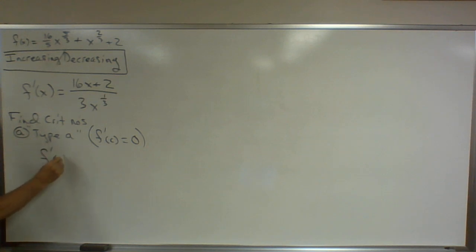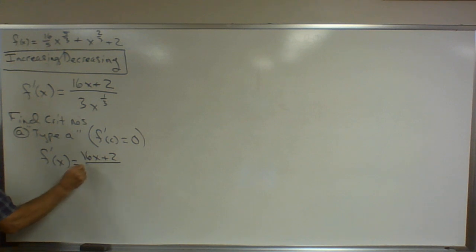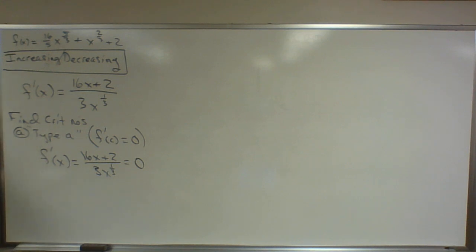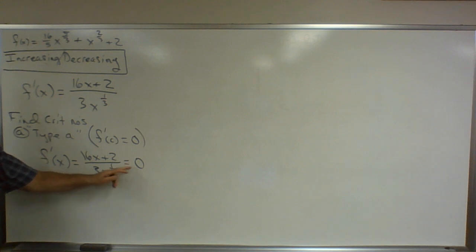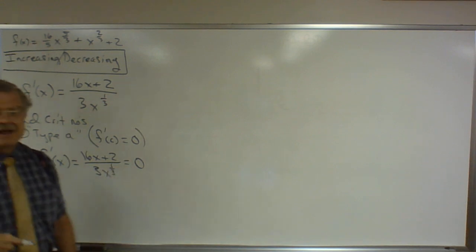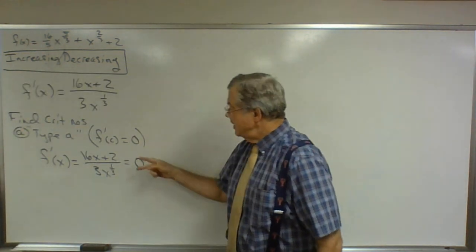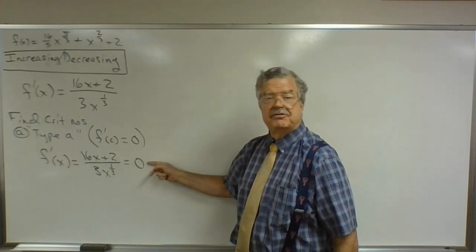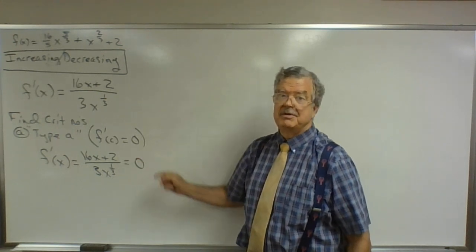So we're going to set the derivative equal to 0 and see what that forces x to be. I have a quotient equal to 0. There's only one way that that can happen. The only way that we can have a quotient equal to 0 is if the numerator equals 0.